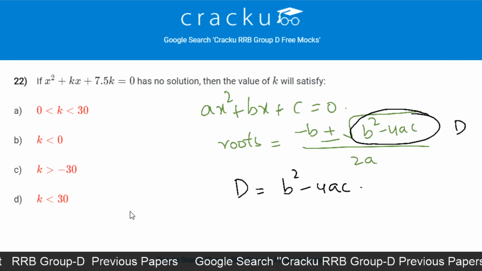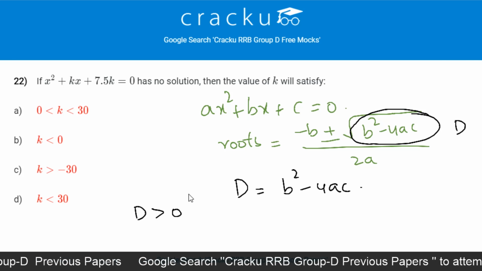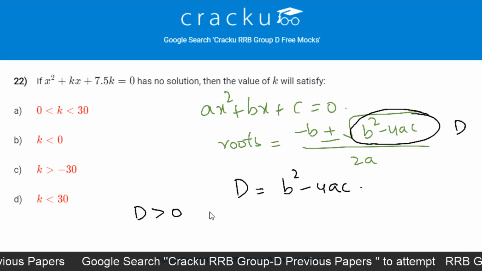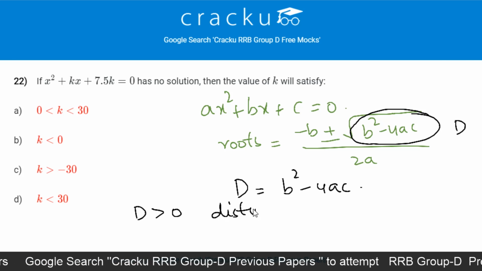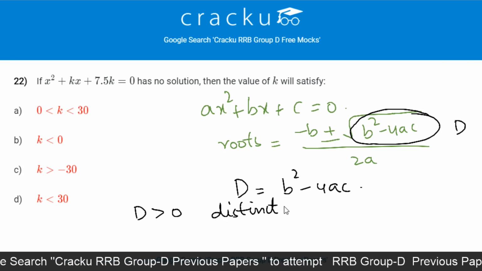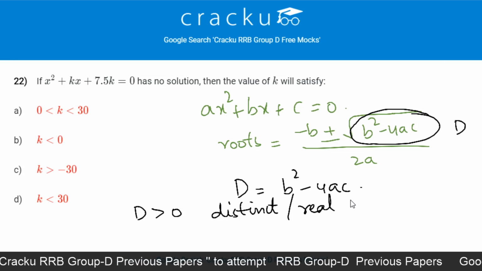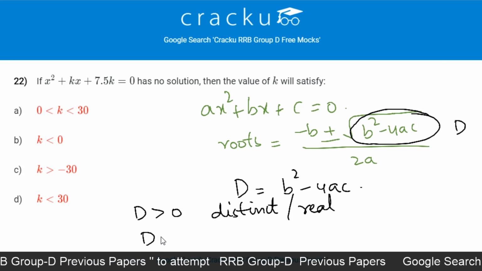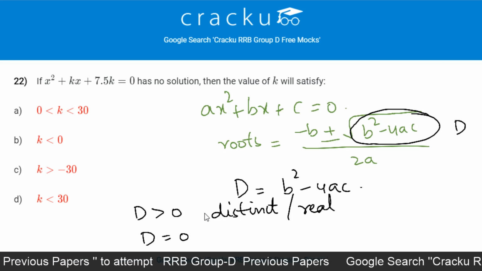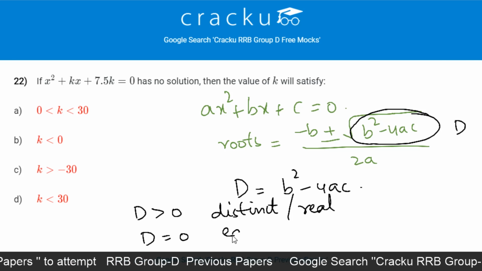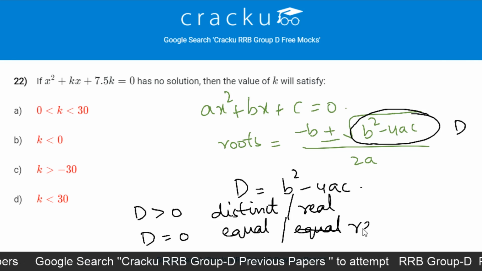If discriminant is greater than 0, then roots are distinct and real. If D is equal to 0, roots are real and equal.